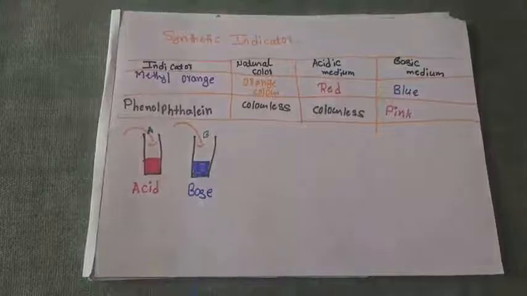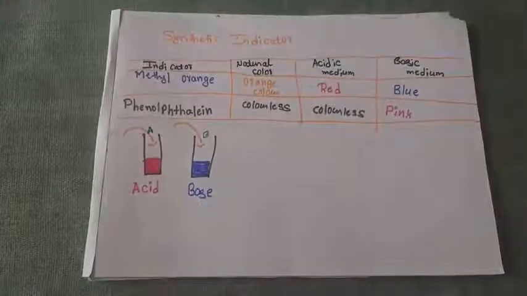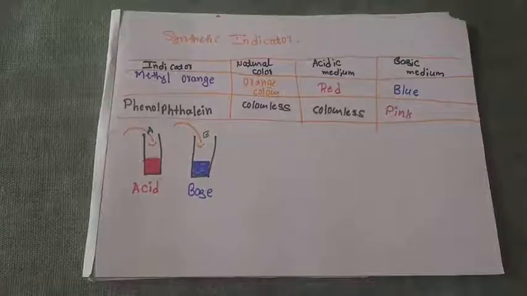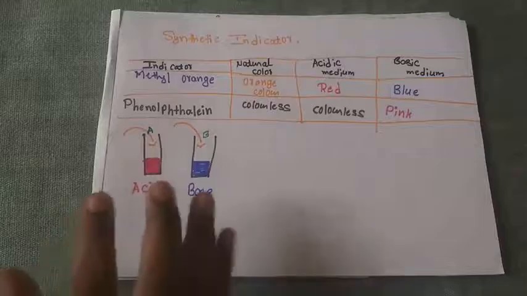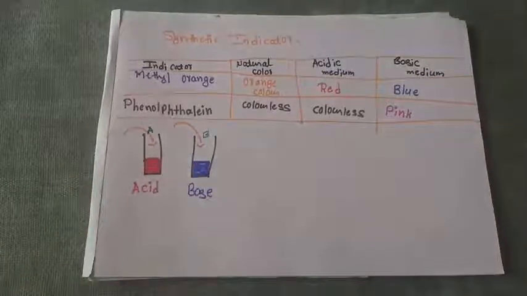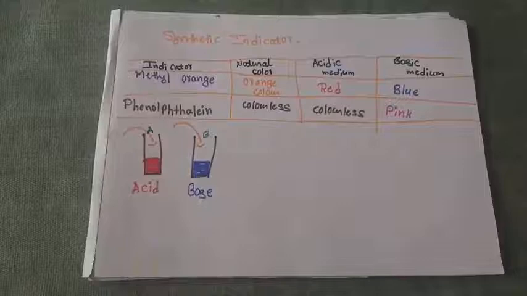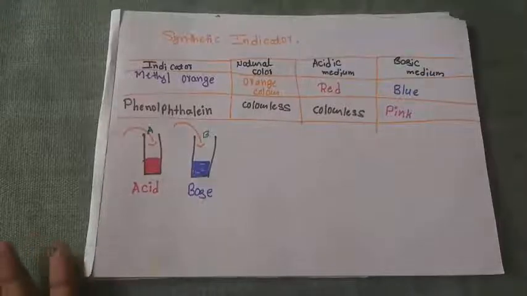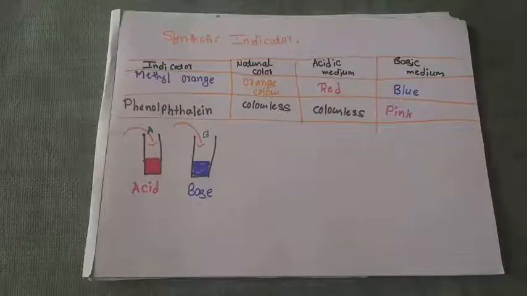This is how we can identify acid or base by using methyl orange. Just add 2 drops of methyl orange to your test tubes and observe the color. If it is red, whatever substance you are taking is acid. If it is blue, the given substance is a base. This is the identification by using methyl orange.